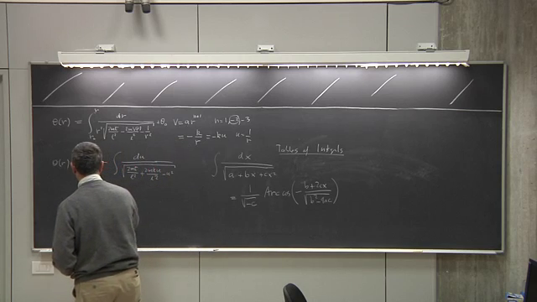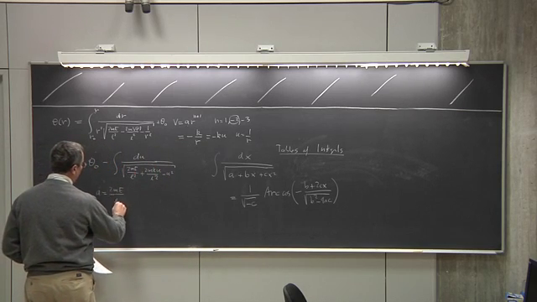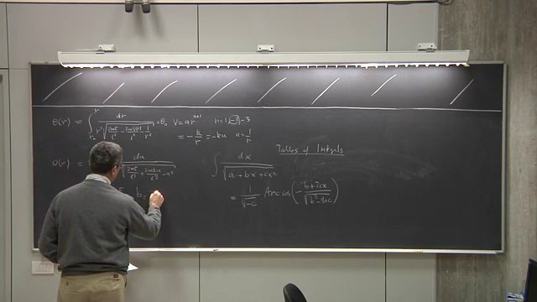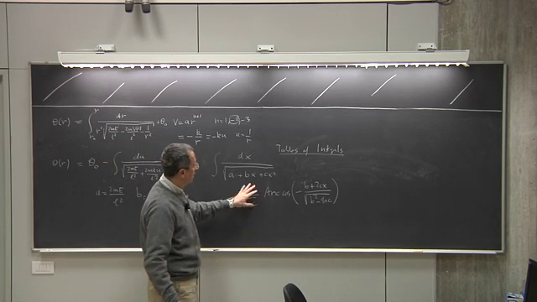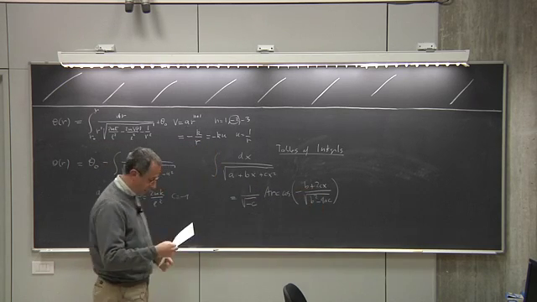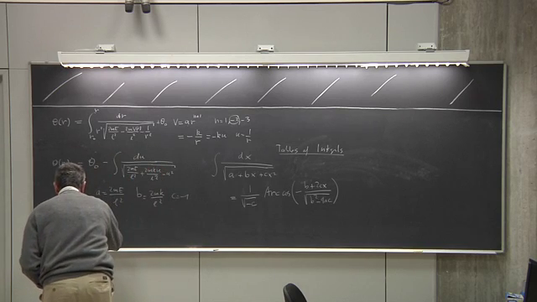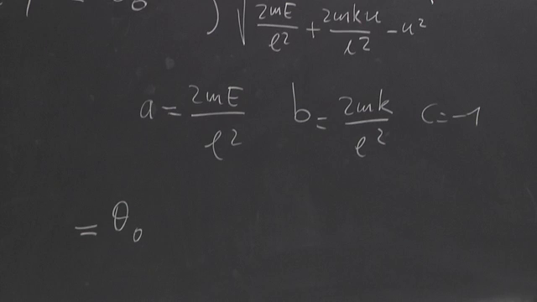By inspection, you see that A is 2mE L squared, B is the coefficient of the linear term, so it's 2mk L squared, and C is minus 1. So you see that here you just get 1, and then you can plug in. And if you do that, I have my solution, with this arbitrary initial position, right?